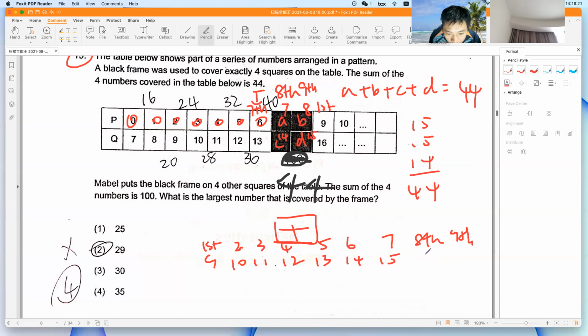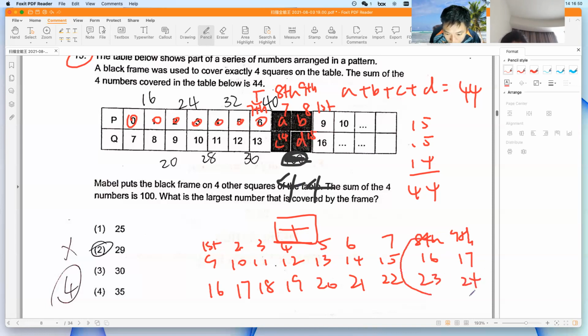Okay, so the 8th will be 16, and this will be 17, right? Then this is your 16. This is your 17, then 18, 19, 20, 21, then 22, 23, 24.